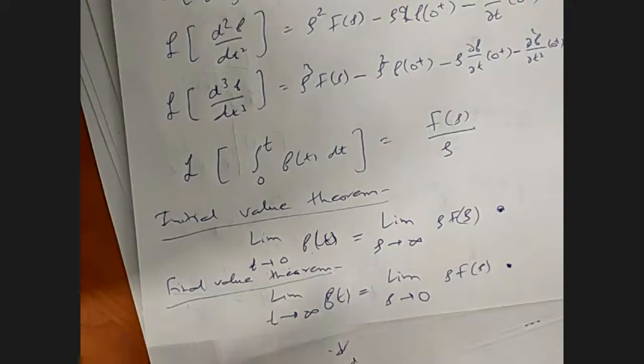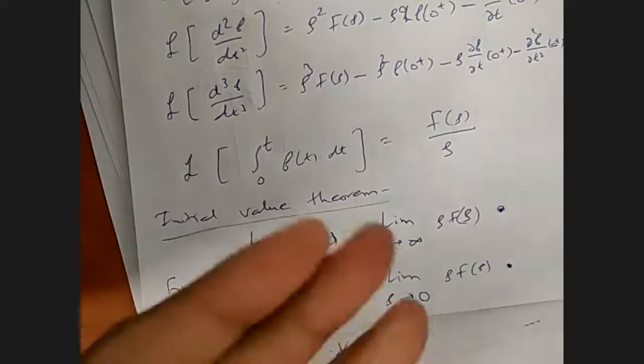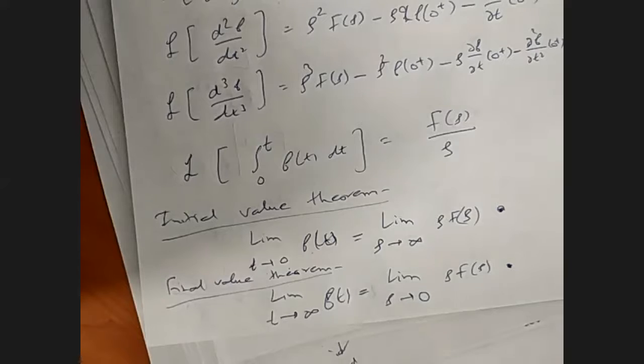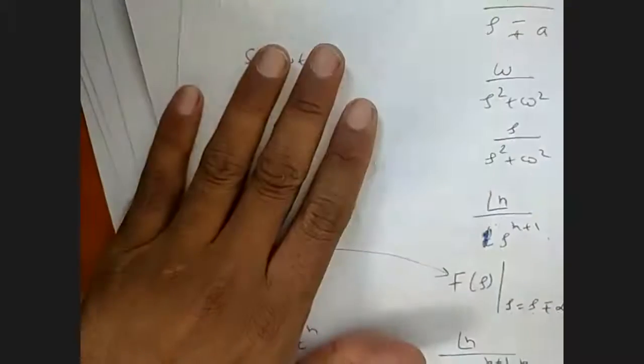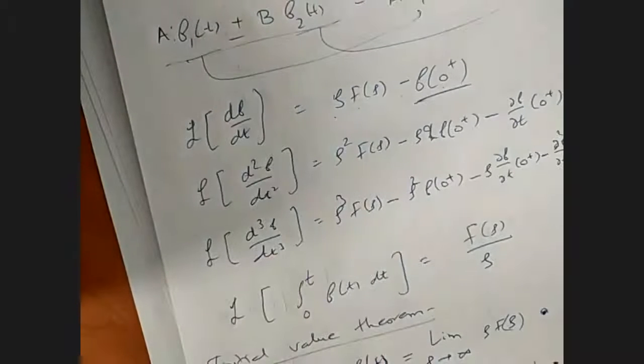These are some of the theorems or important parameters which you have to remember about Laplace transform. If you remember the basic table of Laplace transform and these important theorems, our work is completed.